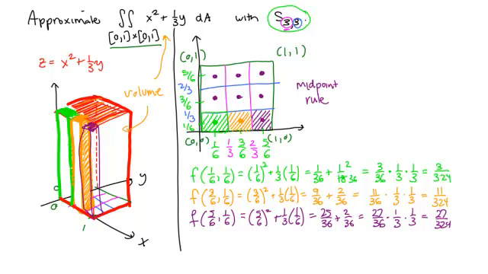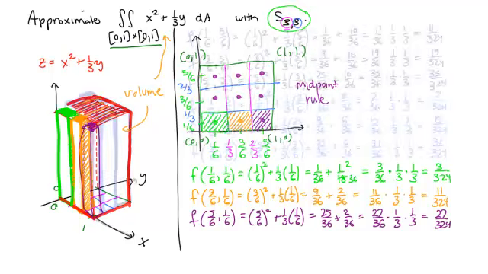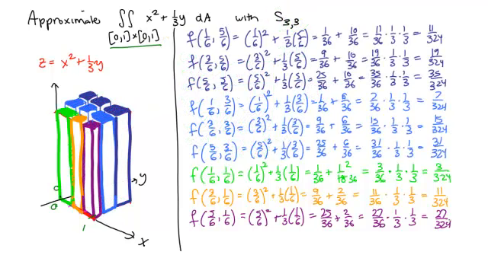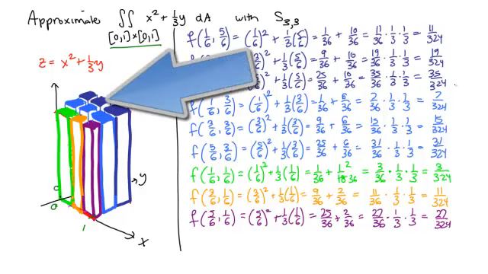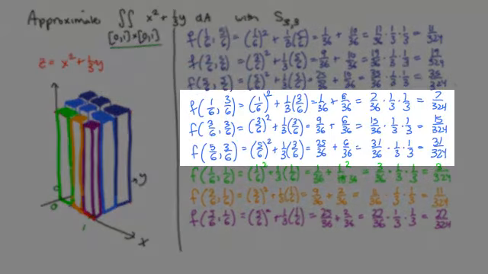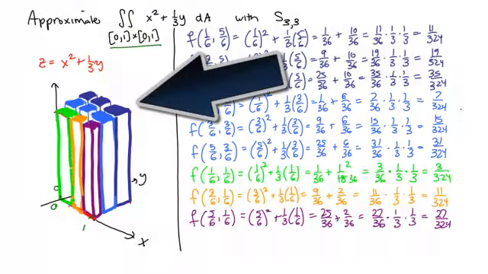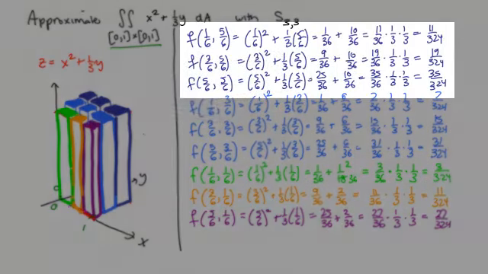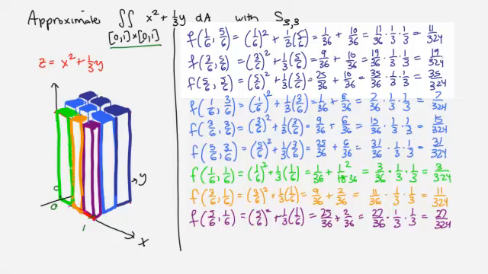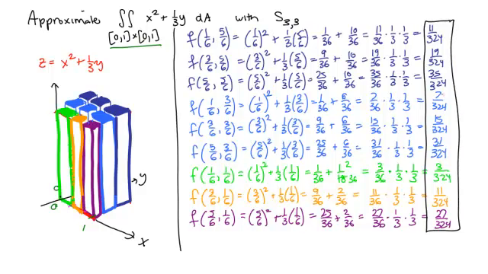We could repeat this for each of the remaining 6 points. If we complete the exact same process with the remaining 6 squares, we'd find along the middle row these light blue rectangles, which correspond to these light blue volumes here, and these dark blue rectangles in the back row, which would correspond to these dark blue volumes here. And so if we were to take all of these volumes and add them up, then we would get a grand total of 159/324.